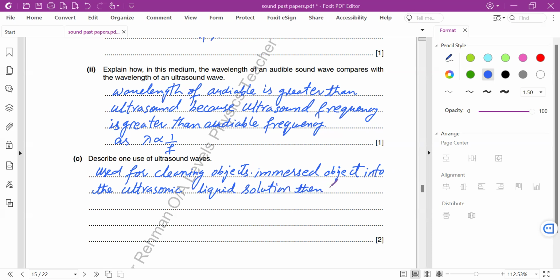Then ultrasound waves fall on the surface of the solution.